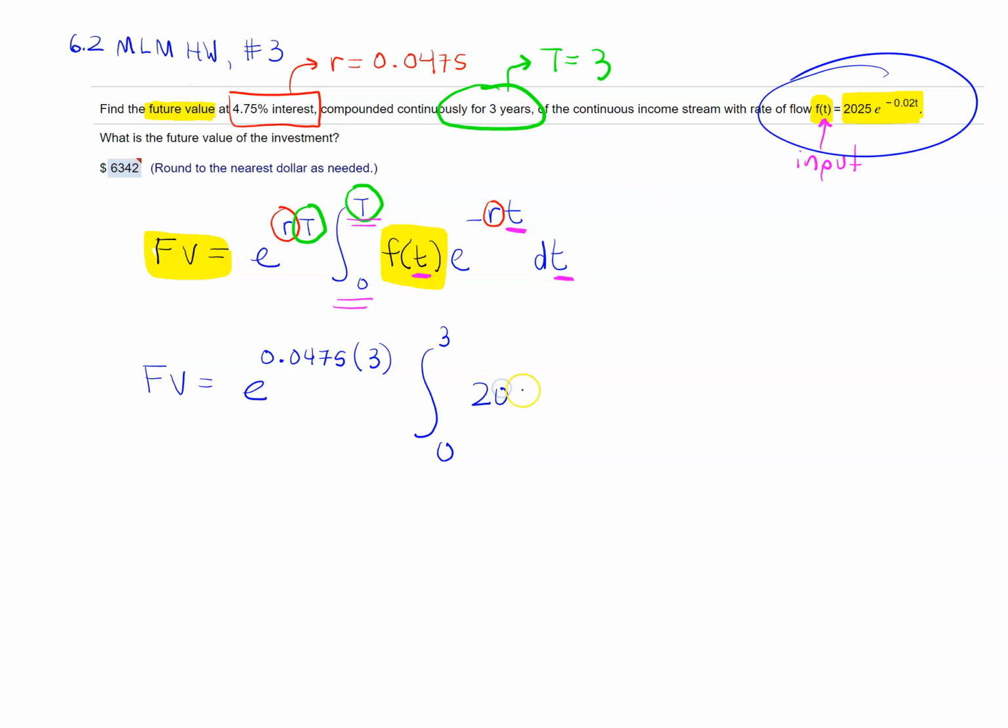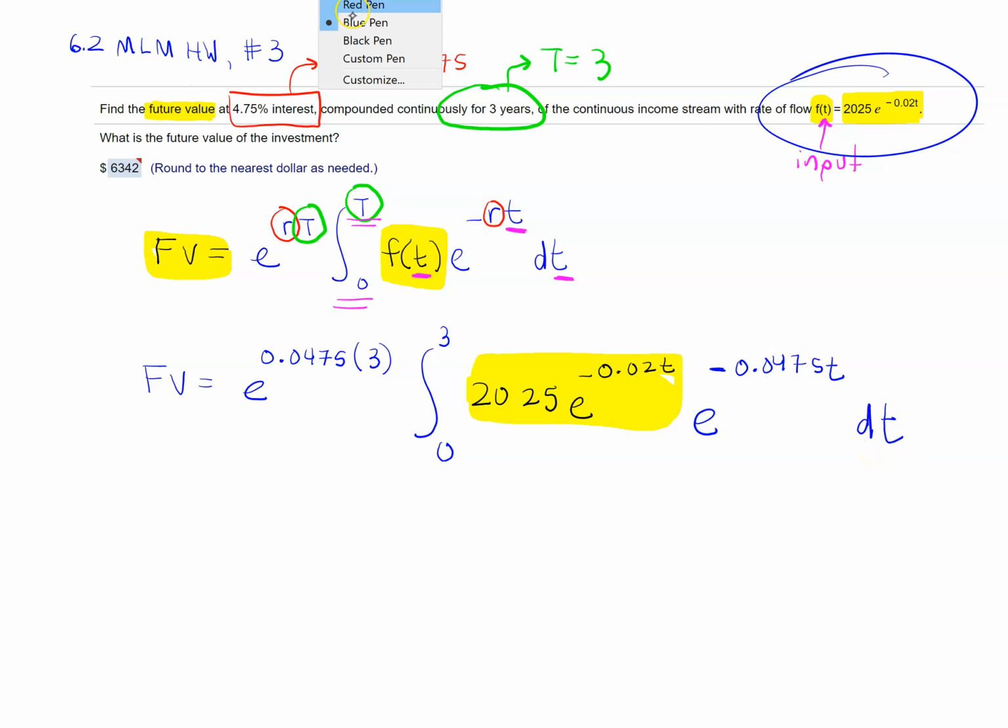So my function rule is 2025 e to the negative 0.02t. So that right there is my function rule. Okay, and then just to continue my formula, there's another lowercase e, then a negative built into the formula, then my interest rate. And then the lowercase t is my input variable. So I'm leaving that lowercase t.